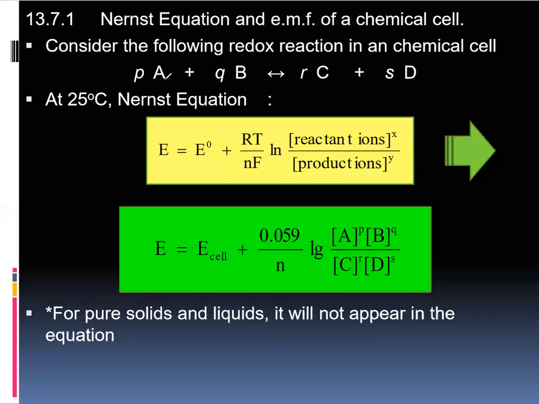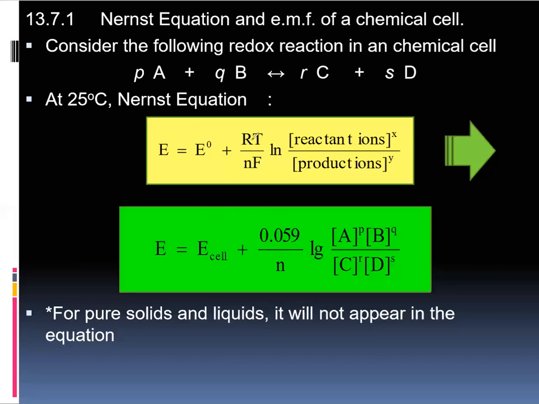So if we apply that to this one here, we are going to have E is equal to E cell. Our E cell now represents our standard electrode potential. We want to find the EMF, the Nernst equation, the EMF of the cell. That's our E cell plus all these values which we've calculated before.